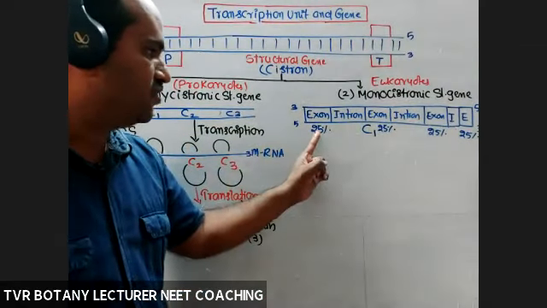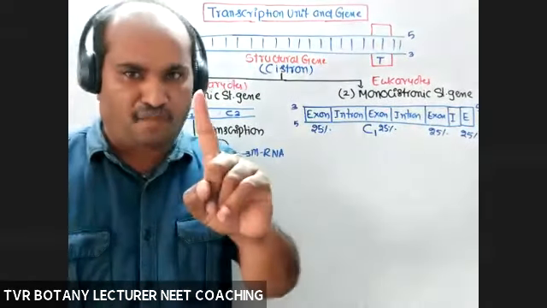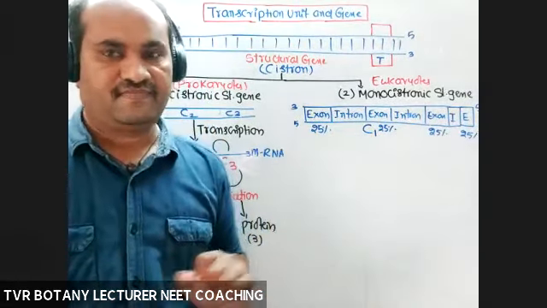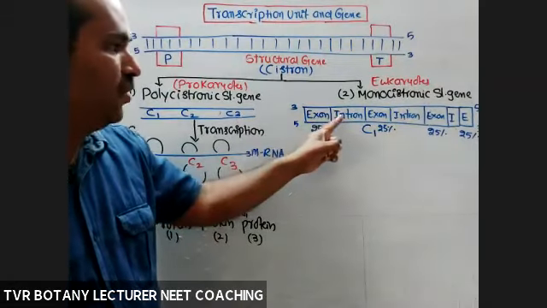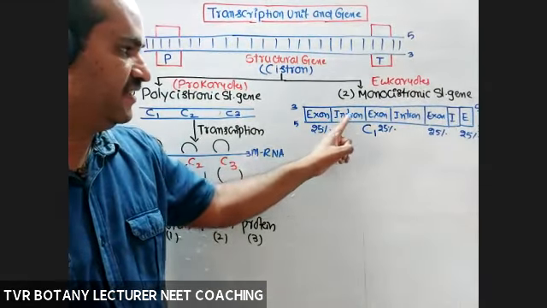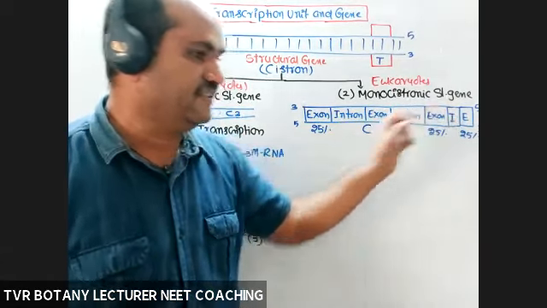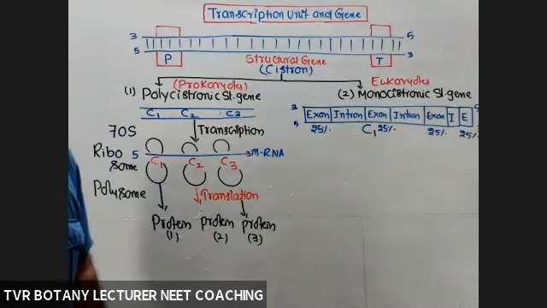If all these were continuous, we would get a complete cistron. But here non-coding regions are present: signal available, no signal; signal available, no signal, like that.